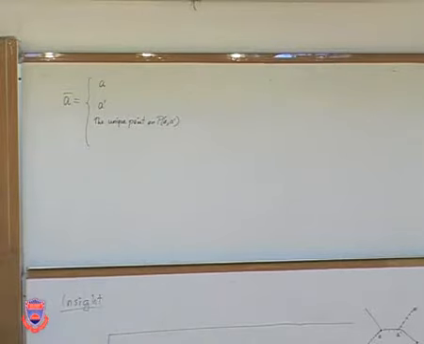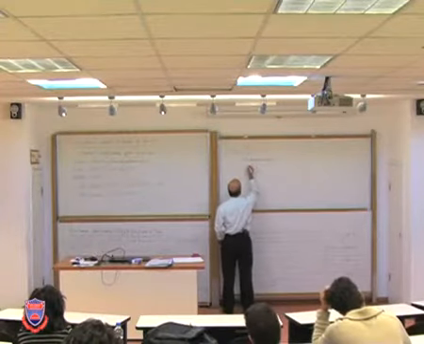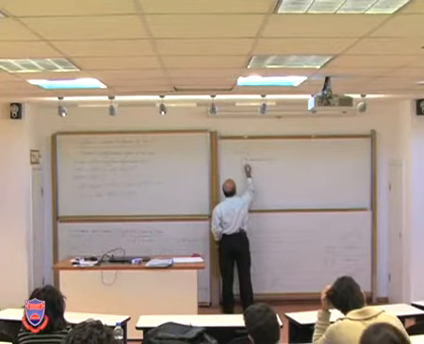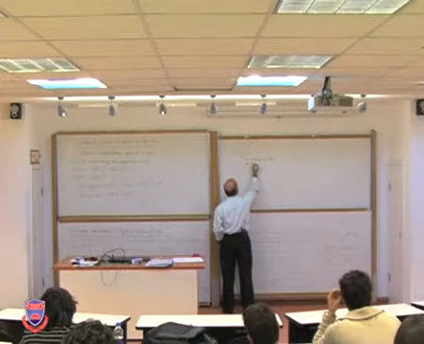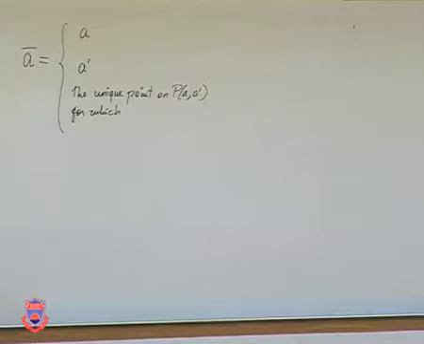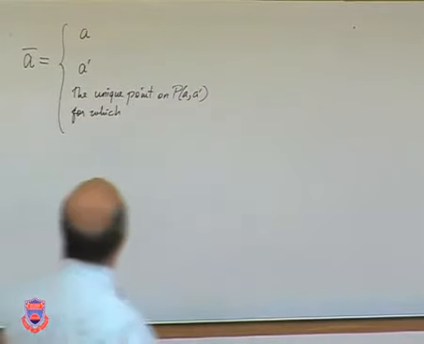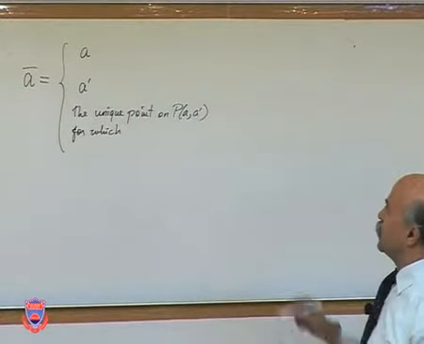So P A prime stands for the unique path connecting A and A prime. Okay? The unique point on the path A to A prime, for which a certain relationship holds. So we need to define what that relationship is. Okay? But first, let's focus on the first two cases.